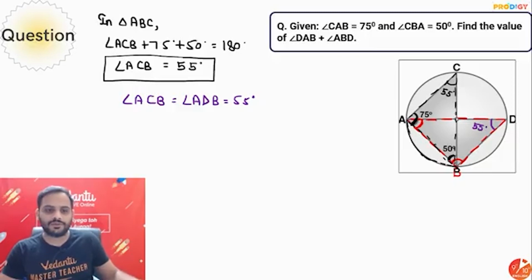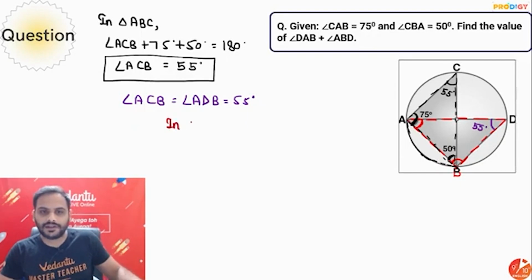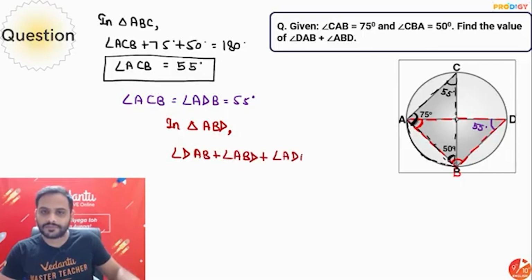Now I can use the angle sum property in triangle ABD. In triangle ABD, angle DAB plus angle ABD plus angle ADB will be equal to 180 degrees. So angle DAB, which we don't know, plus angle ABD, which we need to find out, plus 55 is equal to 180 degrees.